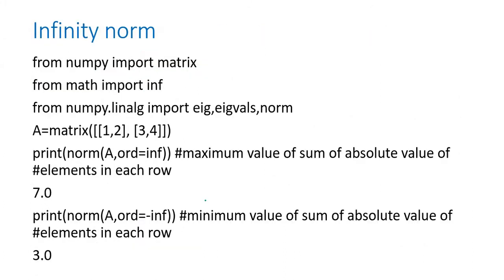Then the infinity norm. So what does the infinity norm do? Let me take the A matrix again, the same matrix 1, 2, 3, 4. For example, let me take some negative values, here some negative value, here some negative value. So what I'm going to do is take the sum of absolute values of elements in each row.